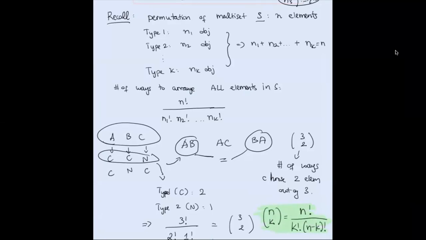So after you choose something, it creates 2 groups. The first group is the group that got chosen. The second group is the group that did not get chosen. And then within each group, the order doesn't matter. So that's why you have these 2 numbers in the denominator.